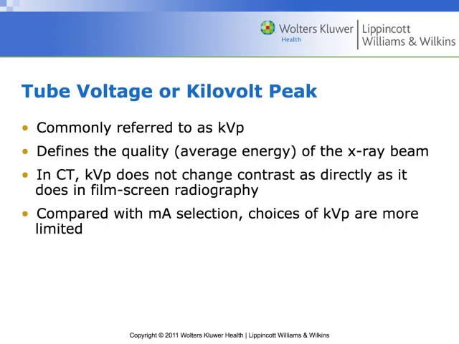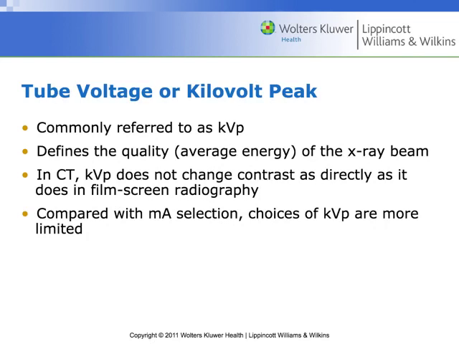So in CT, KVP does not change contrast as directly as what we see in film screen radiography, because CT is a digital system, and it has a straight line relationship between X-ray energy and the detector detecting the X-ray energy, if that makes any sense. As compared to that, we're going to have a whole broad range of MA settings that we can set.